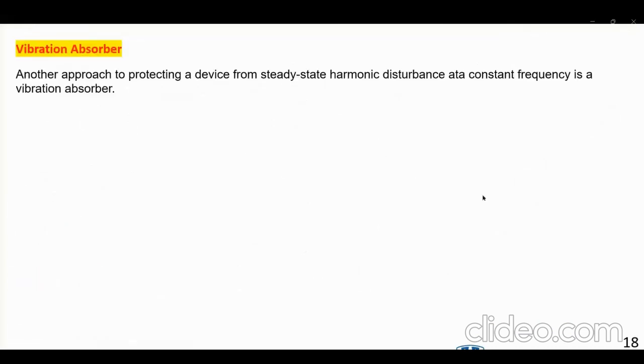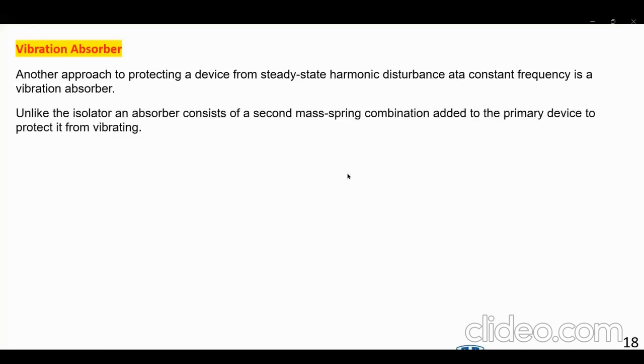Now, the alternative is to do vibration absorber. This is another approach to protecting a device from steady state harmonic disturbance at a constant frequency. This is at a constant frequency is vibration absorber. Okay.